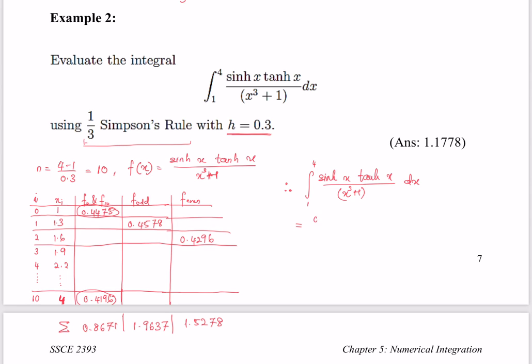Our h now is 0.3, divided by 3, multiplied by the summation of f0 plus f10, which is 0.8671, and then plus 4 multiplied by the summation of f odd, 4 multiplied by 1.9637, plus 2 multiplied by the summation of even, 1.5278. Then we calculate, and what we'll get is 1.1778.